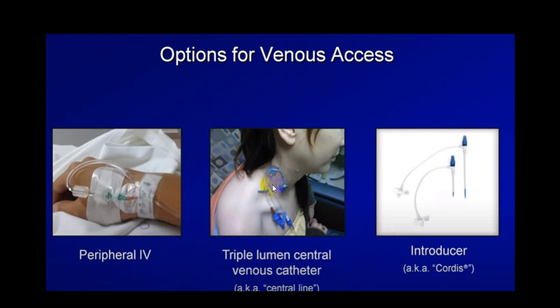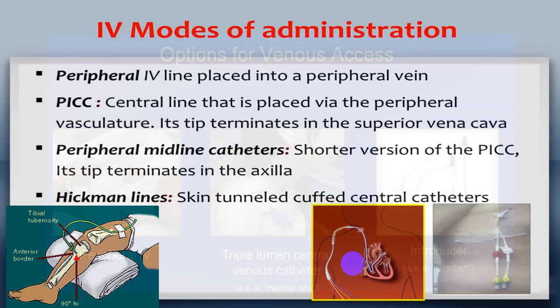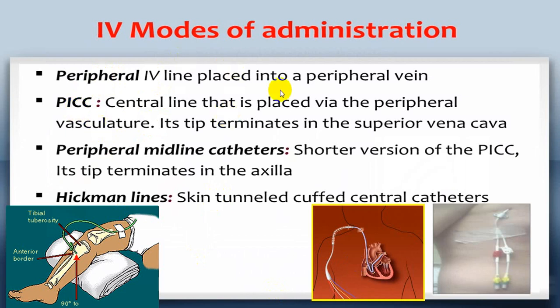In a central line you can give IV fluid, you can even go for TPN, and you can give certain drugs intravenously. So these are different modes: peripheral, PICC, where the tip will terminate in the superior vena cava.